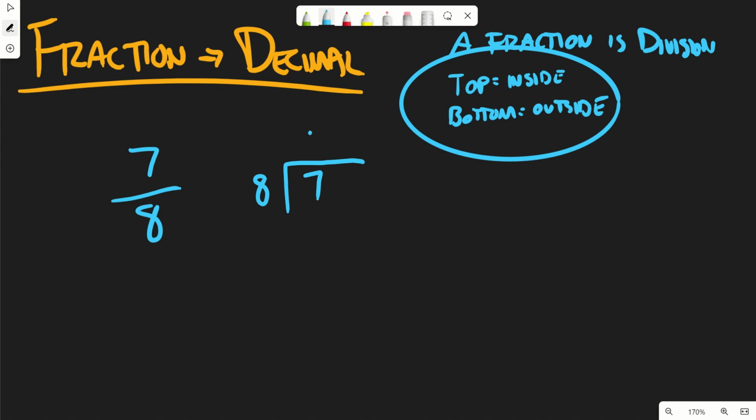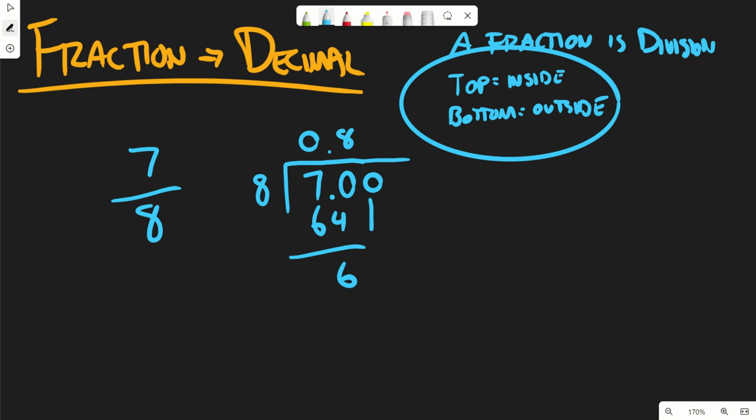8 goes into 7, 0 times. Can't do that. I'm going to add a decimal and bring it up and add a 0. 8 goes into 70. I feel like that goes into it 8 times. 8 times 8 is 64. Gives me a 6.